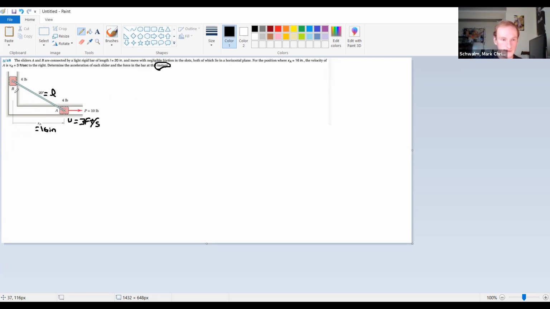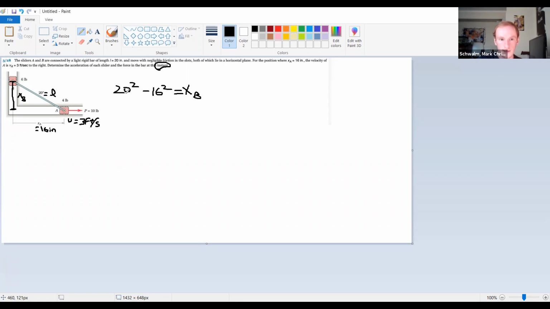So they didn't give us B. Let's go ahead and solve for B right there, using their same notation. Let XB be this length right here, between about there. So we have 20 minus 16 squared equals XB.